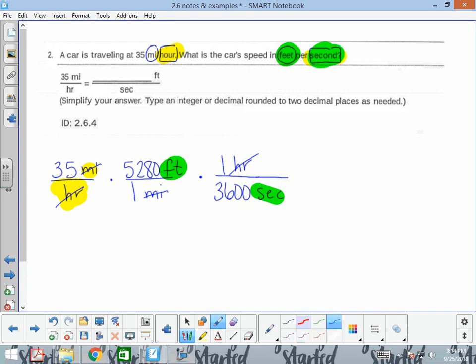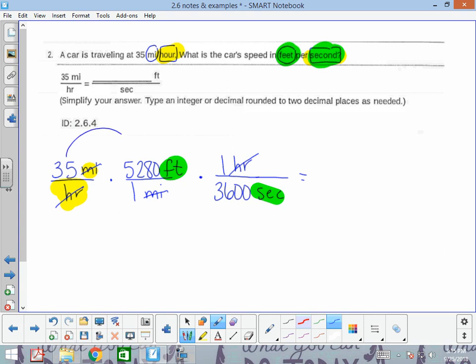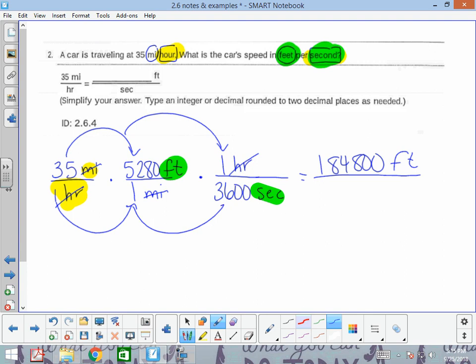All right, so now what we're going to do is multiply 35 times 5,280 times 1, which will be 184,800 feet on top. Over on the bottom, this is actually 1, so 1 times 3,600 is 3,600 seconds on bottom. Now we're going to divide.